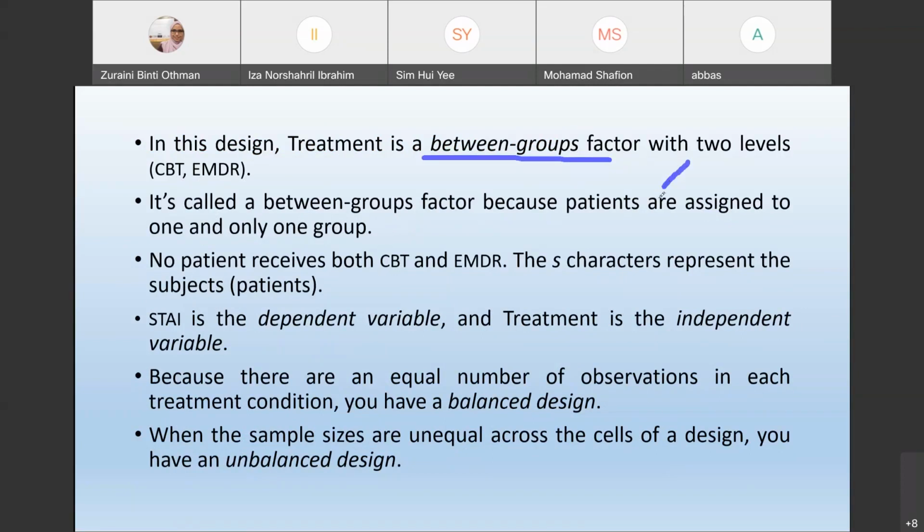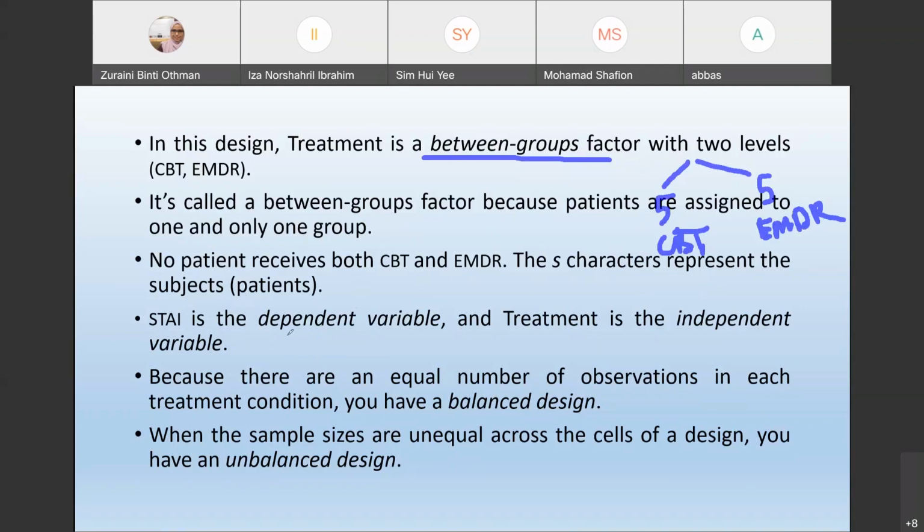So 5 individuals will do CBT and 5 individuals will do EMDR. So this is what we call between-group factor. No patient receives both.